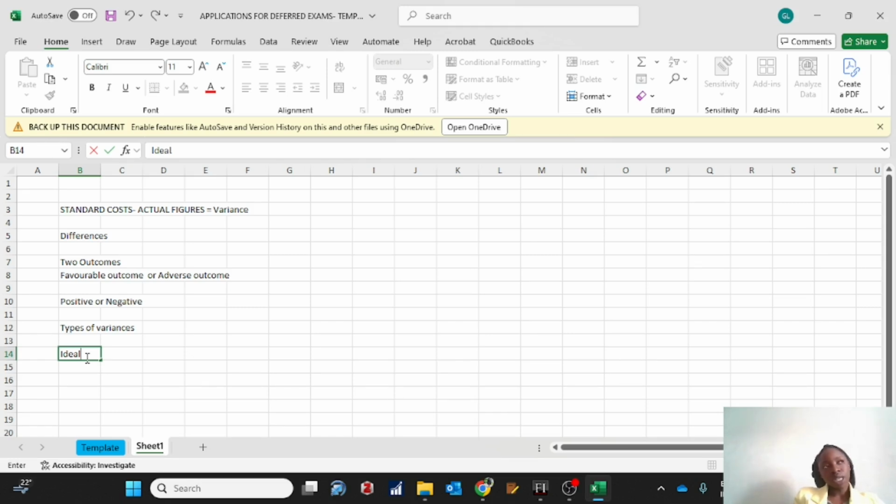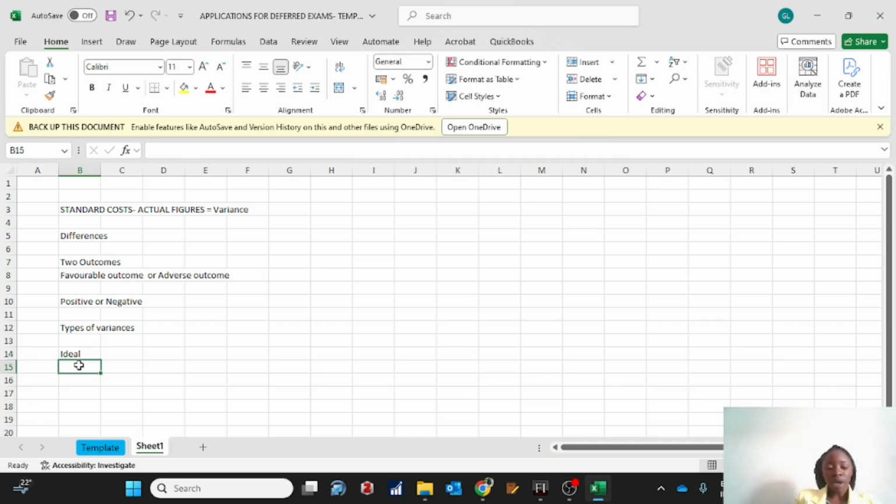Maybe the bottle itself is not as straight as the others, or the cap is out of the process, or the bottle breaks. With ideal variances, it assumes that if you plan to buy something at 10 kwacha, you should find it at 10 kwacha, holding other things constant, so there will be no wastages, and the goods will not go obsolete. Those are what we call ideal standards.